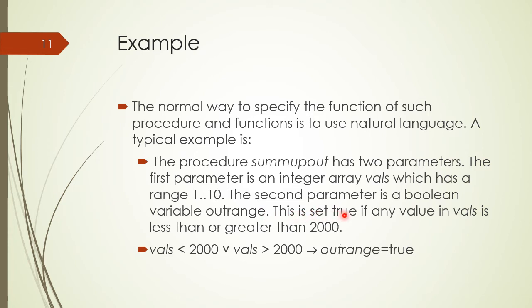This is set true if any value in vals is less than or greater than 2000. To formally specify this procedure, we use a predicate which is given here. When the value of variable vals is less than 2000 or vals is greater than 2000, it implies outRange is equal to true.